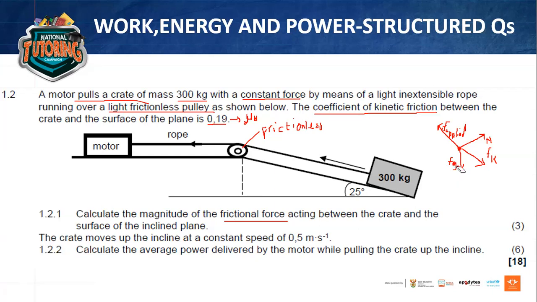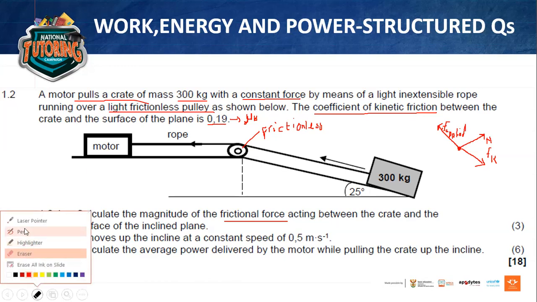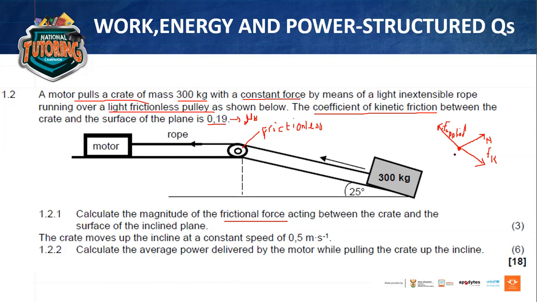But when we want a free body diagram, you must draw the force of gravity as it is and not give it in components. So the components will then be Fg perpendicular, which will also be Fg parallel. And Fg parallel, my dear learners, remember it always acts down the incline.